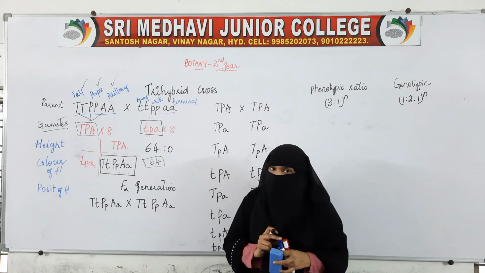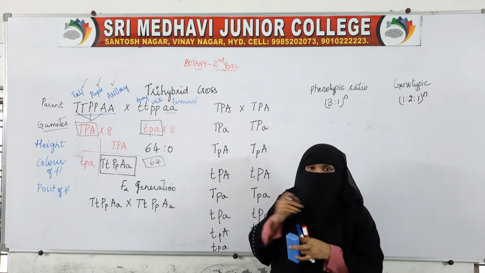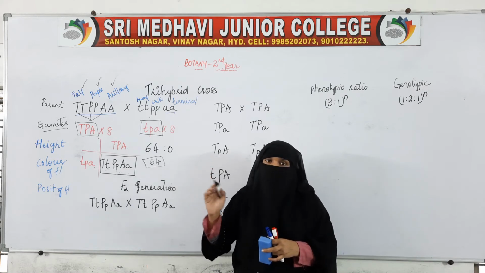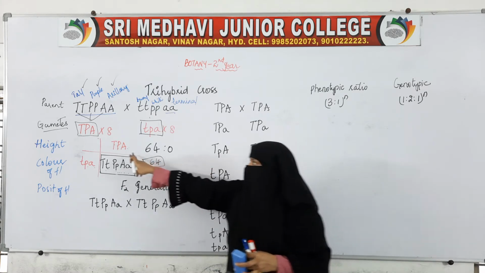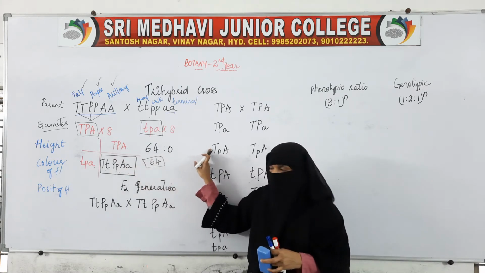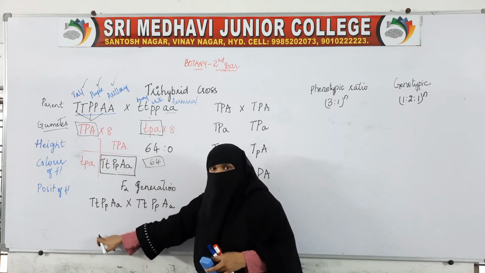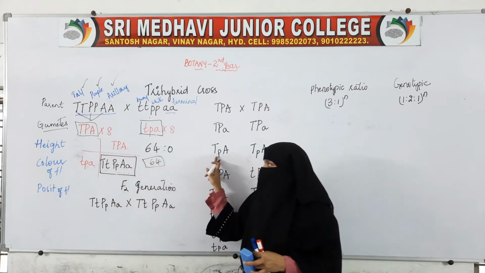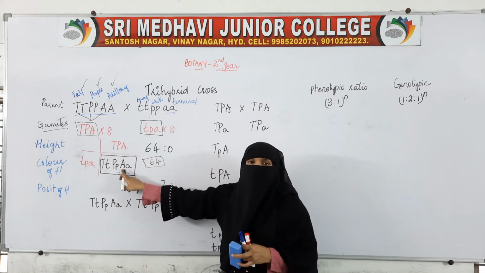You can do it in your book. On this board it is very difficult to do. I already explained how to make the gametes, and we will get 8 of these gametes and 8 of these gametes. If you cross them, because all of them are the same, you will get the same combination.